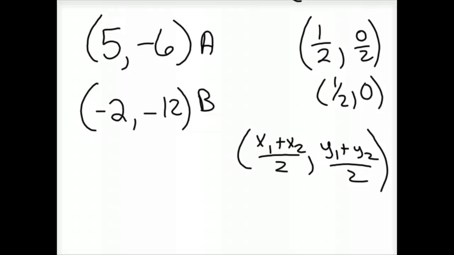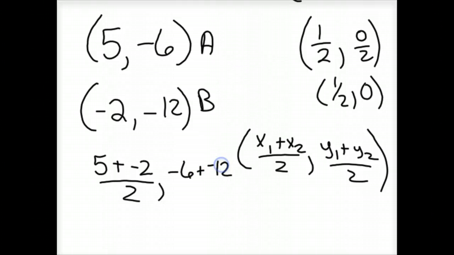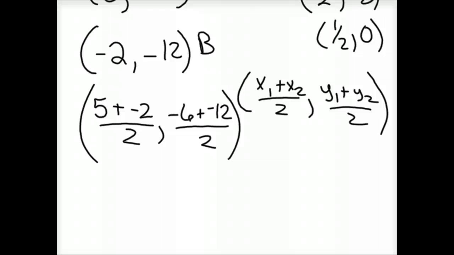So 5 plus a negative 2 would be x1 plus x2, and then you divide that by 2. And then negative 6 plus a negative 12 is y1 plus y2. And so now you have your midpoint. You just keep simplifying that. 5 plus negative 2 is 3 over 2, and negative 6 plus negative 12 is negative 18 over 2.